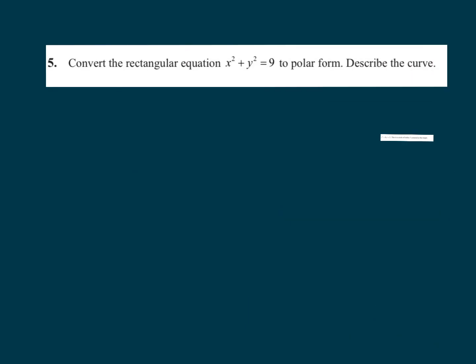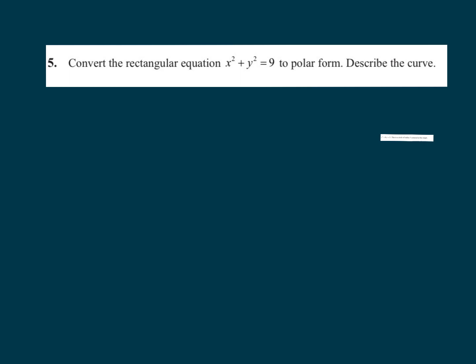In these problems I convert the rectangular equations to polar equations, so it's a polar form, and describe the curve. Well, the curve is the same curve in Cartesian coordinates and in polar coordinates, but it has a different representation.